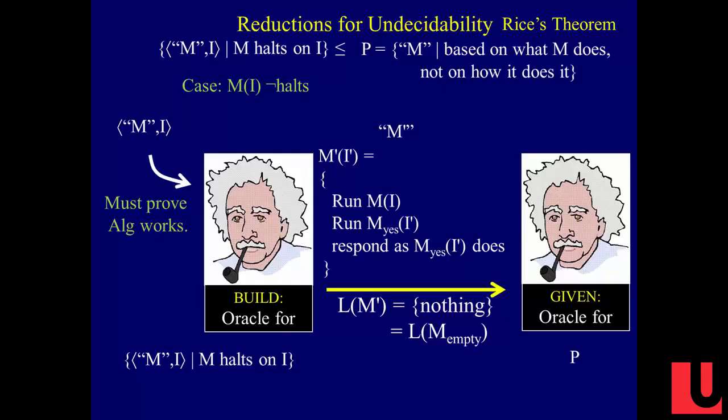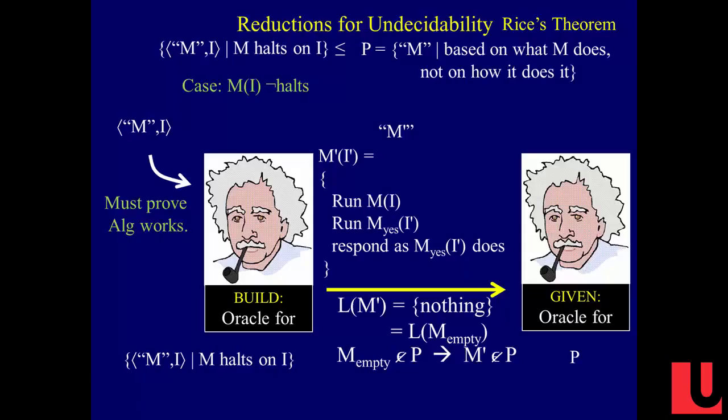All right, so what do we know about M_empty? Remember at the beginning we assumed that M_empty was not in P. That P says no to M_empty. So if these languages are the same, then that means that M prime is also a no to P, because they have the same languages, so they either both have the property P requires or both don't.